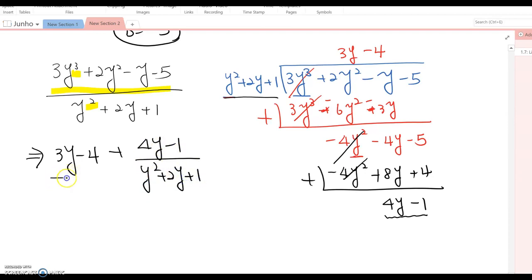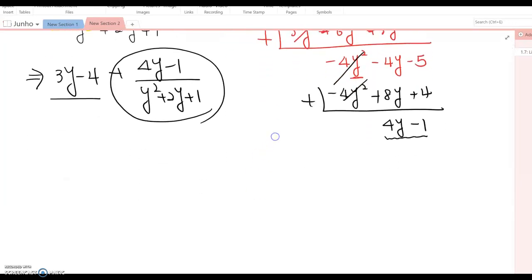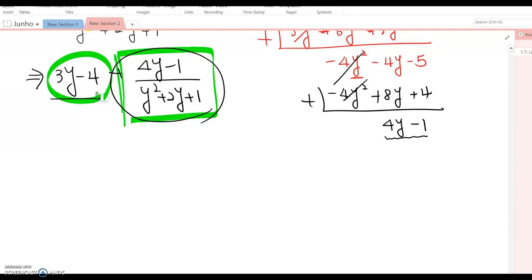So this is our quotient already, so you don't do anything. But for the remainder part, we can find the partial fraction. As we did all the time, we need to factor the denominator. So I'm going to focus on only this part, and later I'm going to combine it with the quotient.